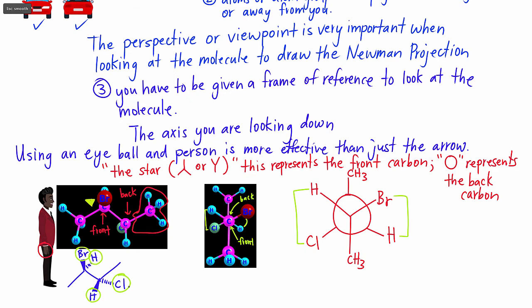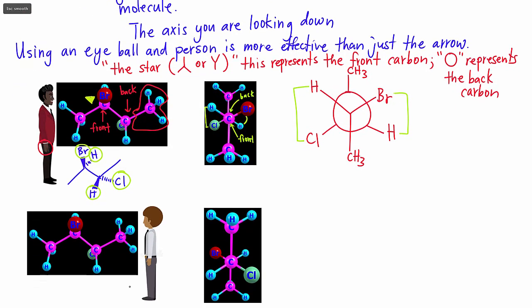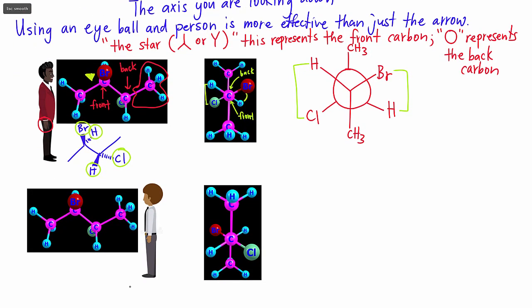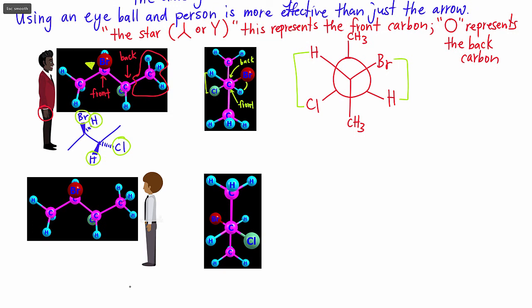Okay? Now, let's look toward the left. Let's look from right to left. Okay? And I'm going to identify this as the front carbon, and I'm going to say that this is the back carbon. So actually he's not standing up here, he's standing down there, if I could move his body.